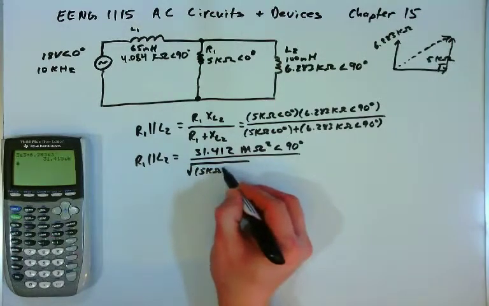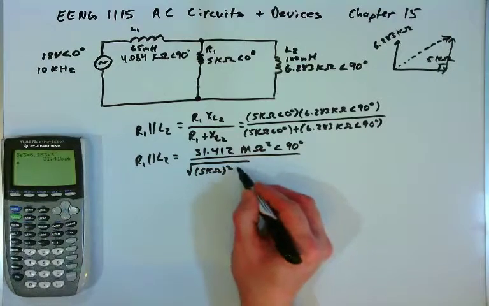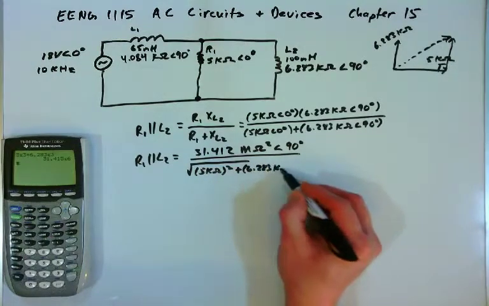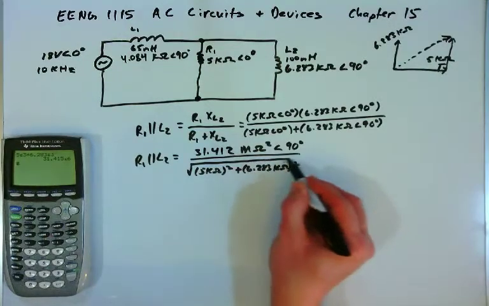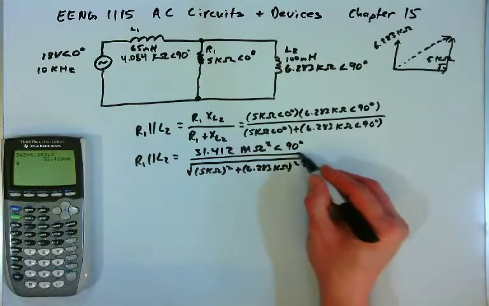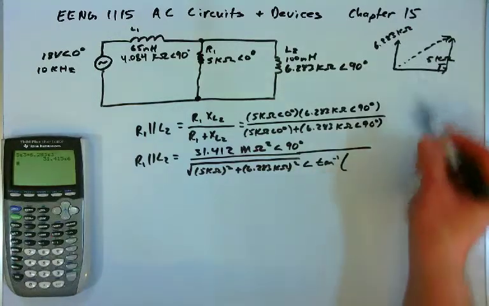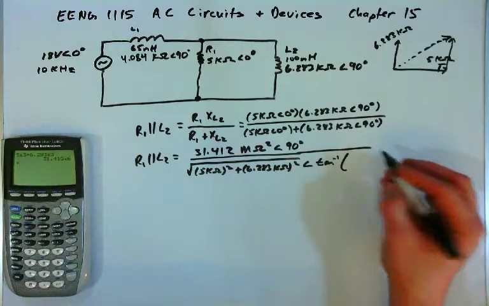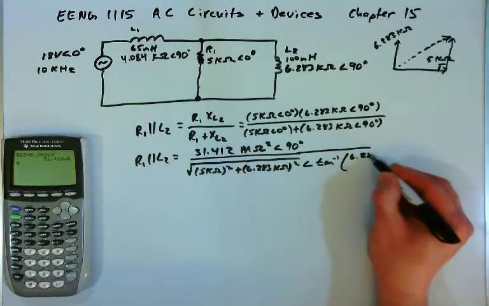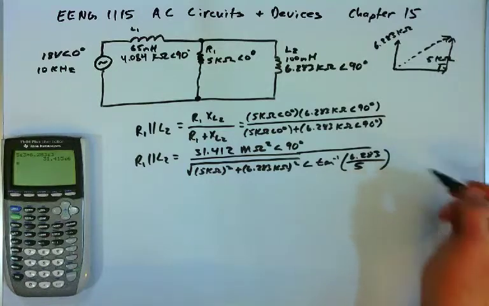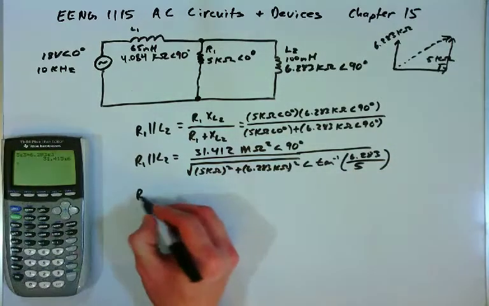We'll have 5 kilo ohms squared plus 6.283 kilo ohms squared. And the angle will be the inverse tangent of y over x. Y is positive because it's pointing up. 6.283, that's kilo ohms, divided by 5, that's also kilo ohms. The kilo ohms will cancel.